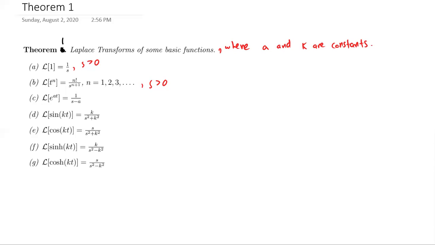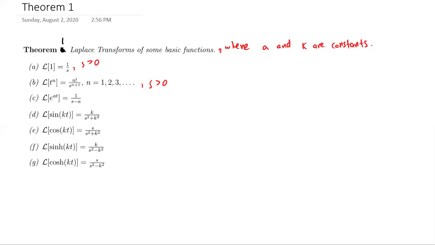The Laplace transform of t to the n, where n is either 1, 2, 3, etc., is n factorial over s to the n plus 1. And you see that this works when n equals 1, because 1 factorial is 1, and s to the power of 1 plus 1 is 2. So we do get that the Laplace transform of t is 1 over s squared, which we found in the previous videos. The Laplace transform of e to the a times t is 1 over s minus a.